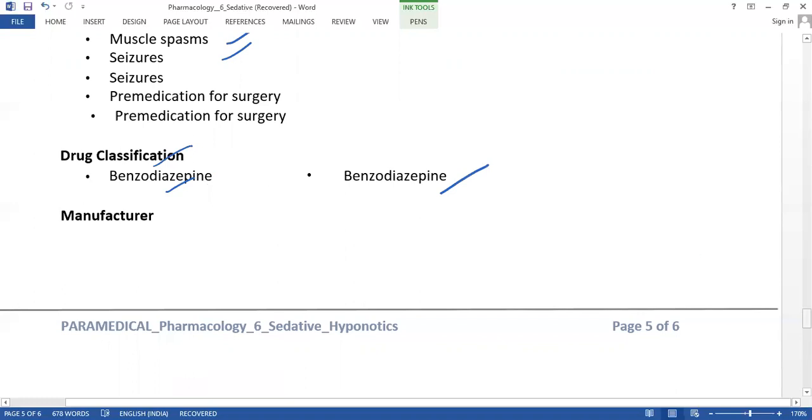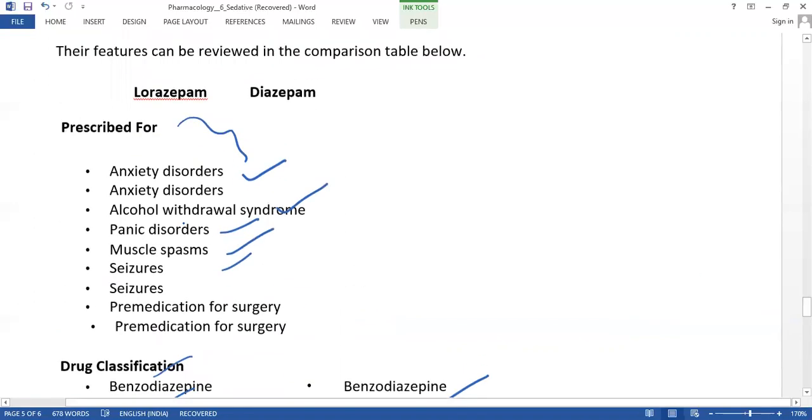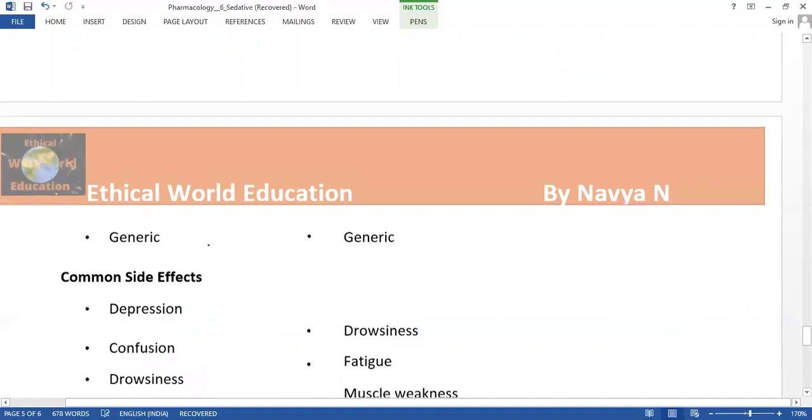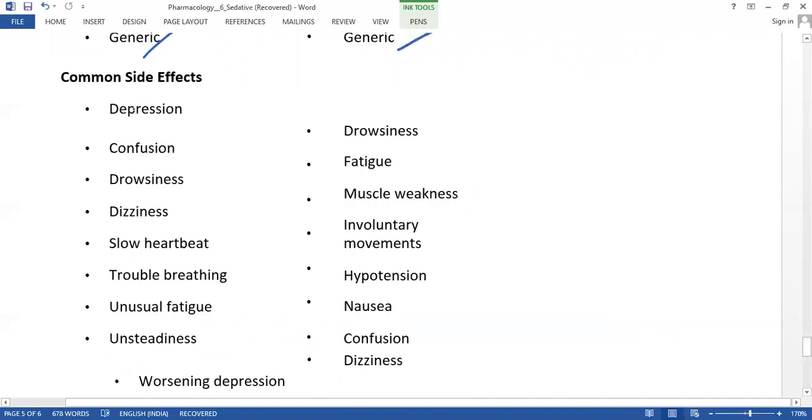Here, alcohol may come under diazepam, and all the others come under lorazepam, and both are generic. Now the common side effects.